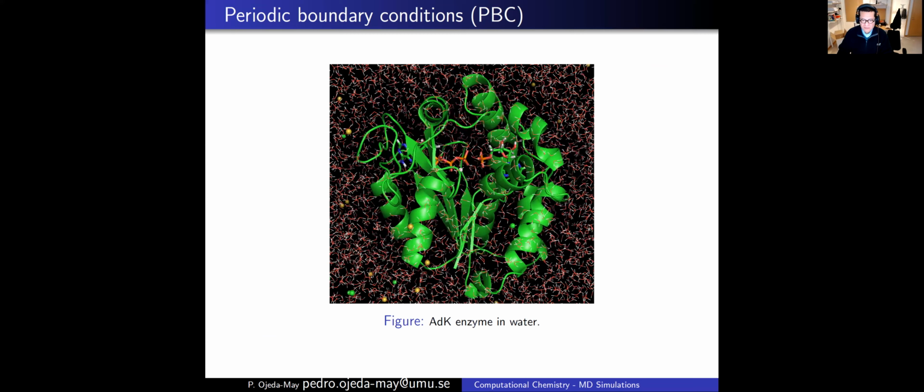This is the system of protein in water. Sorry if I speak only on proteins today. This course is about simulations of biomolecules, where I have more experience. There are also, as I mentioned before, people in Umeå that are working on clays and other systems.